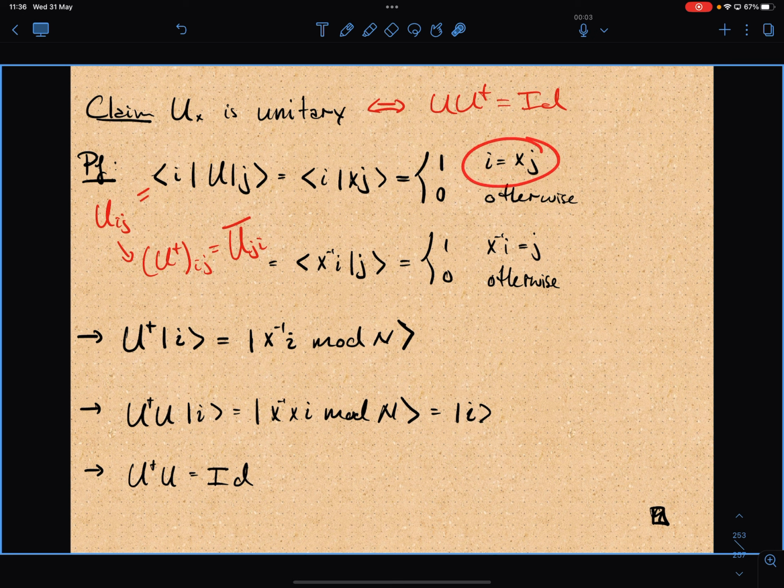And this equation is equivalent to x inverse i equals j. So that means U dagger acting on i is equal to x inverse i mod n. And that means U dagger U: U is first acting as x, and U dagger is then acting as x inverse, so it's just going to be i. So U dagger U is just going to be the identity.